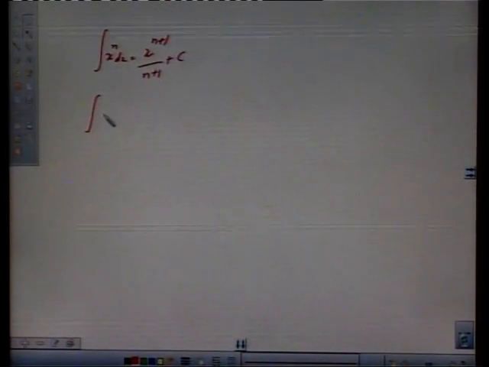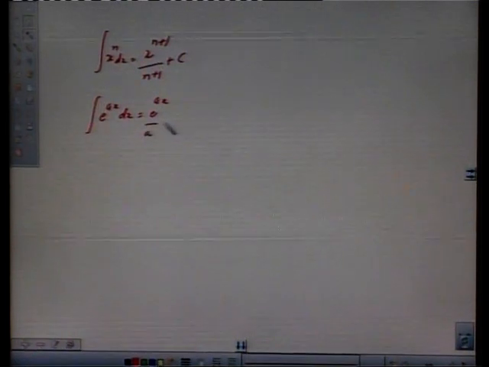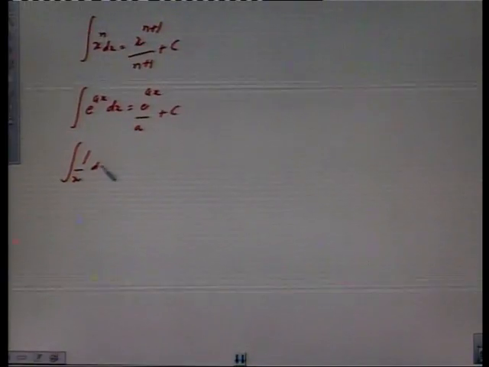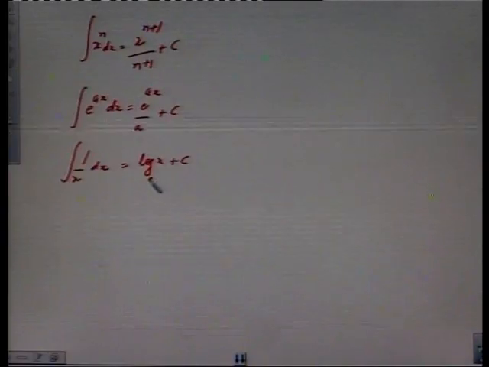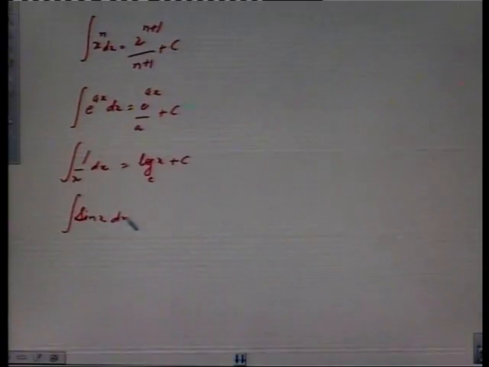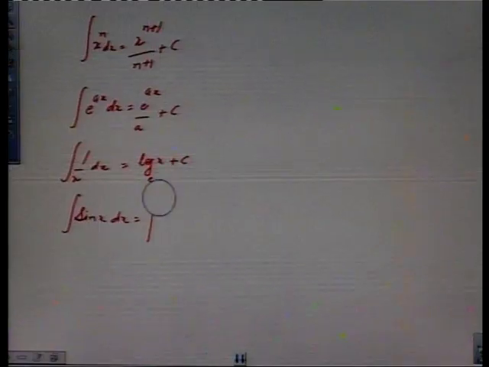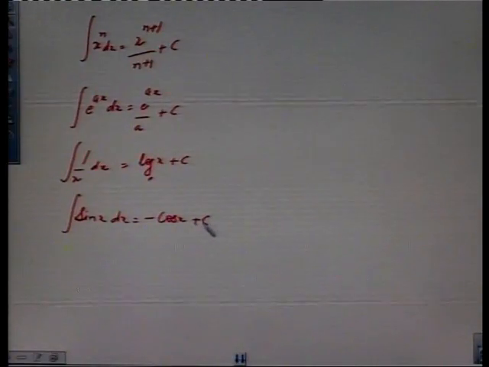Second formula is integration of e raised to power ax dx. It is e raised to power ax upon a plus c. The third formula is of 1 upon x dx. Its integration is log of x plus c to the base e. Next is integration of sin x dx. Integration of sin x is minus cos x plus c.